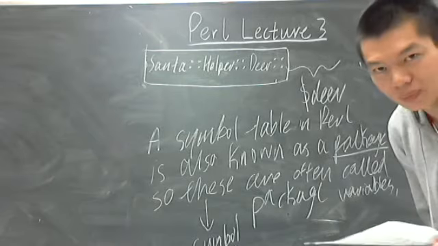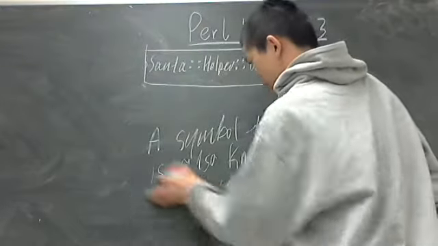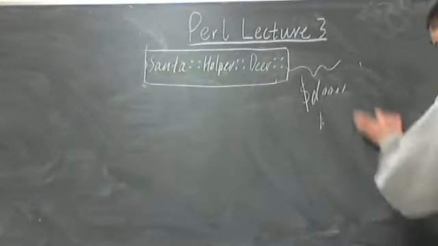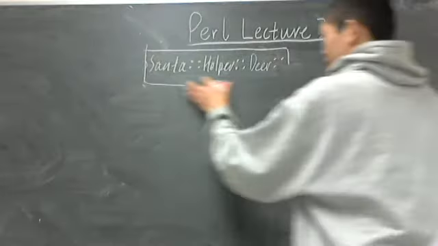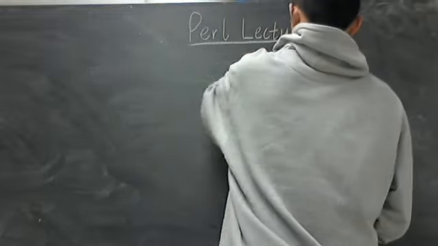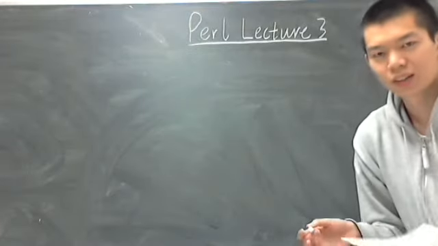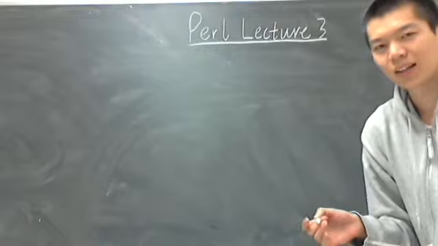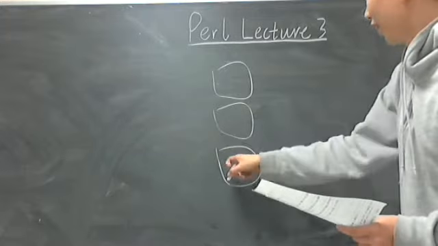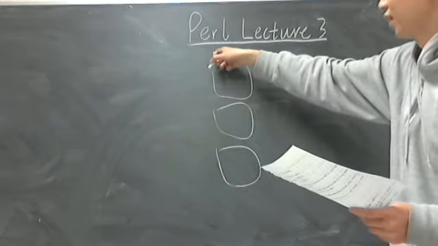Okay, so then let's look at something else. Remember the diagram I drew in one of the last lectures where I had 3 boxes, and you had your lexical variables in here and your global variables or package variables out here.